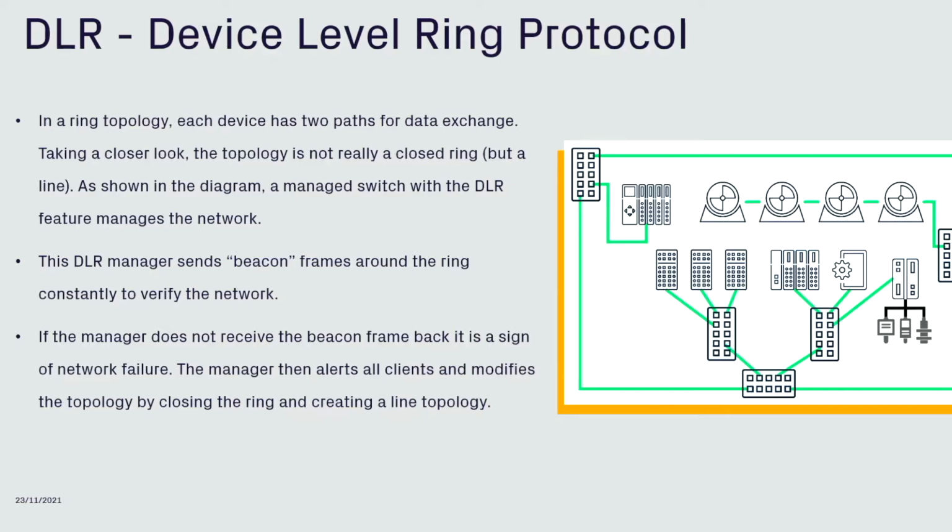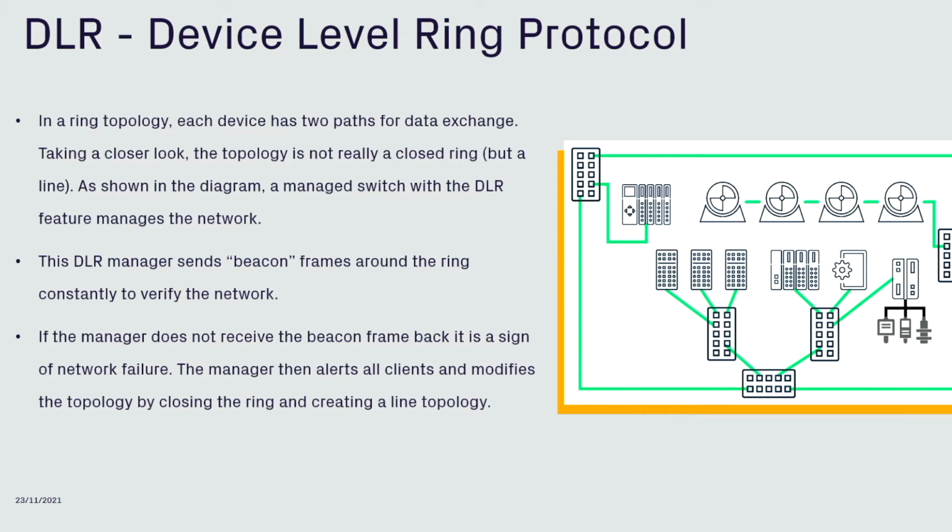Yep. So, okay. Well, in Ethernet IP, we have also a media redundancy, and this is called the DLR, the Device Level Ring protocol. And basically, we have again a ring. The messages will travel one way or another way.